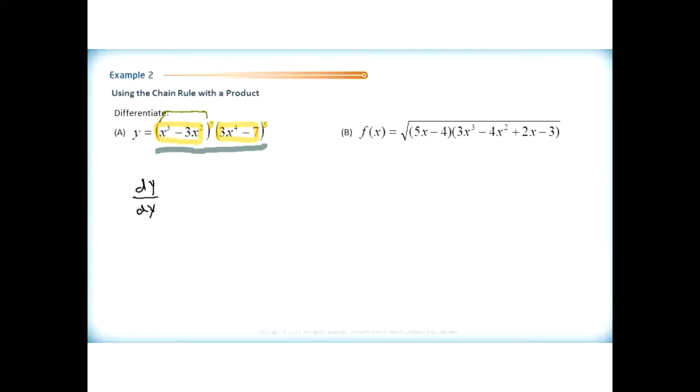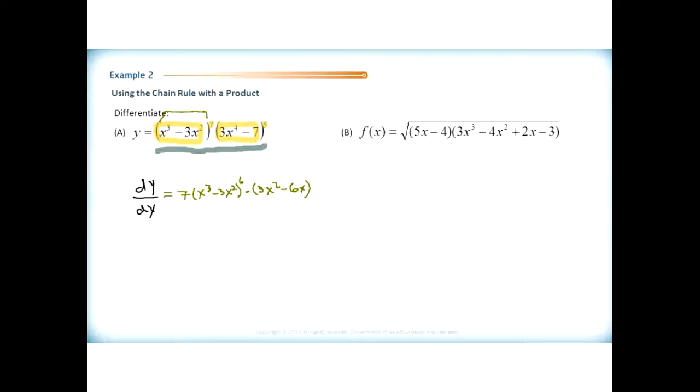So I'm going to have to say that my derivative here will have to be, remember that the product rule says the derivative of the first one multiplied by the second one. So the derivative of the first one here is going to be 7 times x cubed minus 3x squared to the power of 6. But chain rule tells us that it's also multiplied by 3x squared minus 6x.